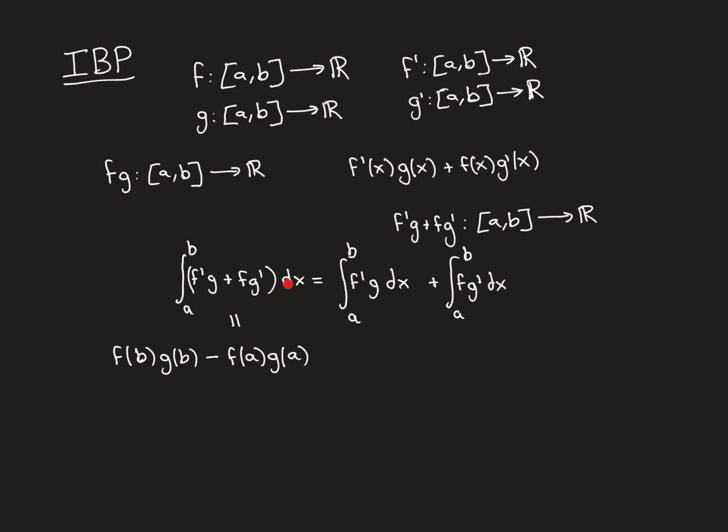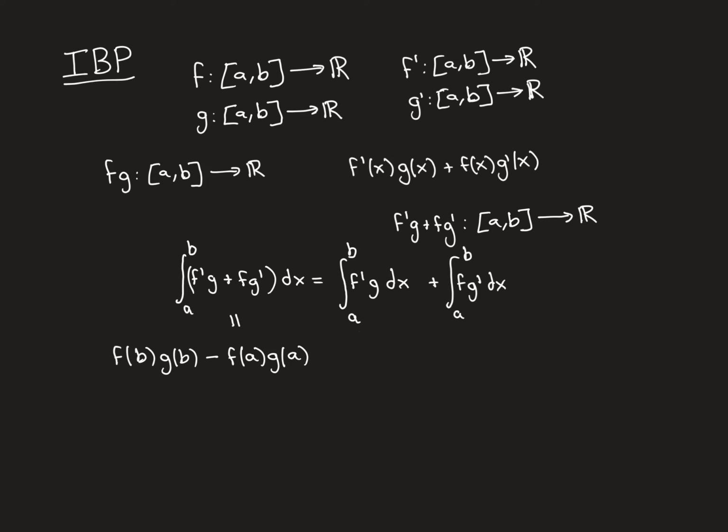So the value of this integral by the second fundamental theorem of calculus is this. Now note, the second fundamental theorem of calculus cannot tell us that this is Riemann integrable, but we've already managed to conclude that it's Riemann integrable by our prerequisite theorem that the product of two Riemann integrable functions is Riemann integrable, and by linearity that the sum of two Riemann integrable functions is Riemann integrable.